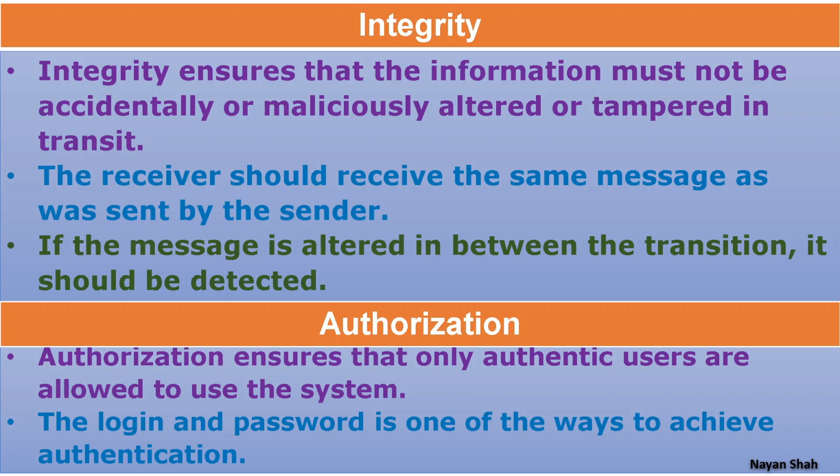Third is authorization. Authorization is very simple. It ensures that only authentic users with proper user ID and password are allowed to use the system. So login and password is one of the best ways to achieve authentication. You know that if you forget your own password of your email ID, then you won't be able to use your email account.